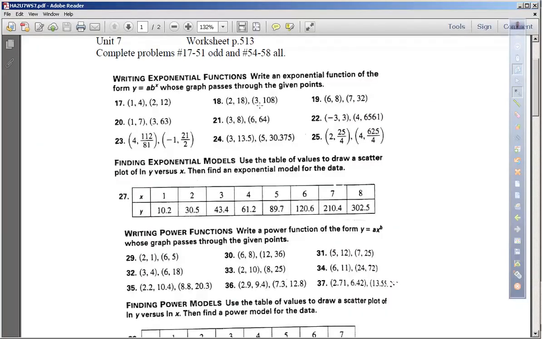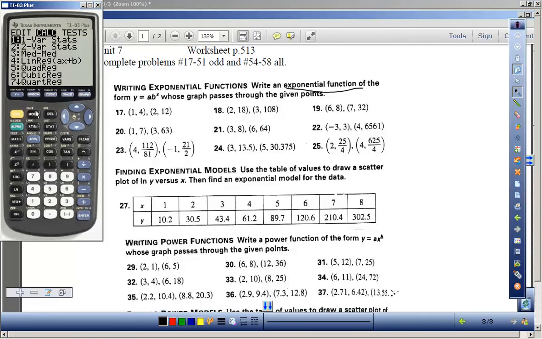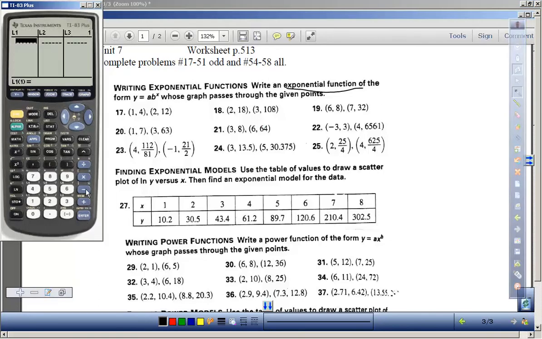So if we look at an example like problem 18, now number 18 here is asking me to find an exponential function of this form that goes through these points. So what I need to do with my calculator is I need to go to stat edit. I'm going to put in my x values, which are 2 and 3. 2, enter, 3, enter. And then I'm going to put in my y values, which are 18 and 108.